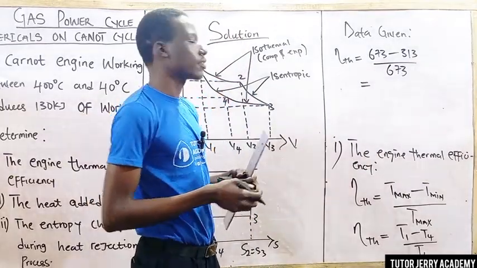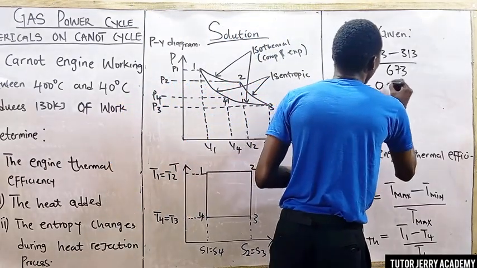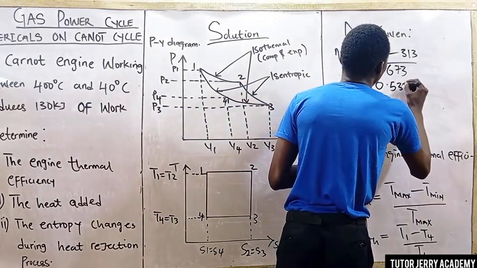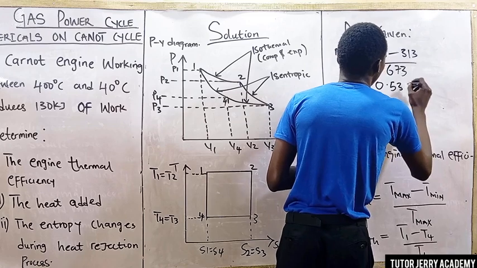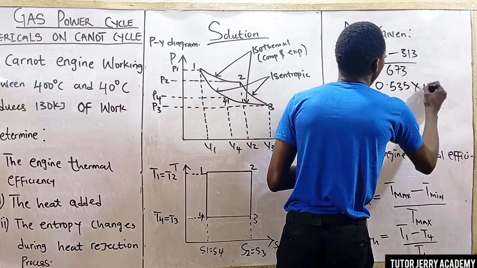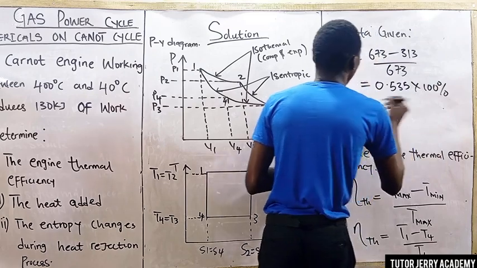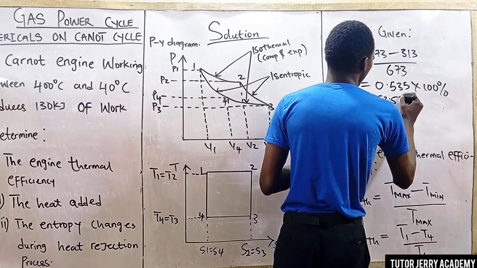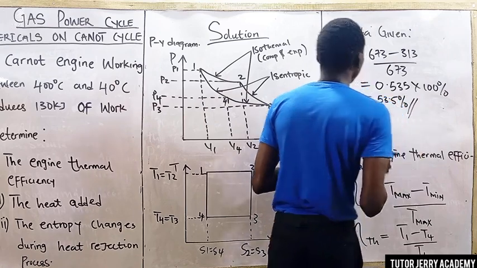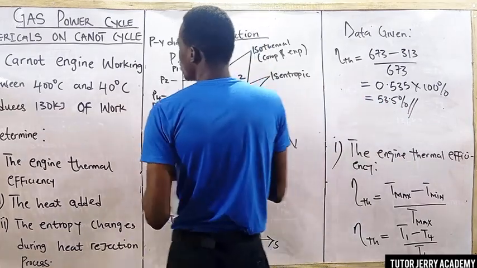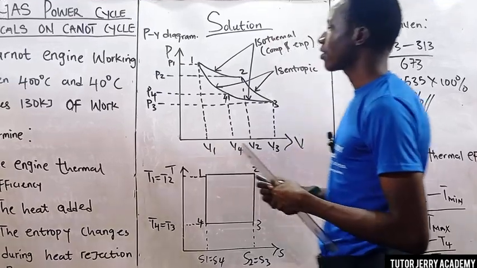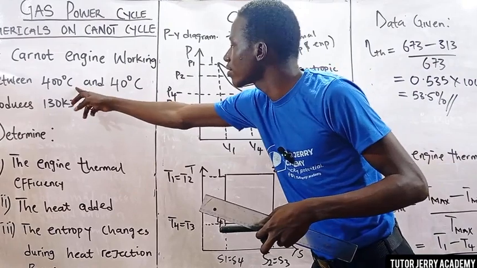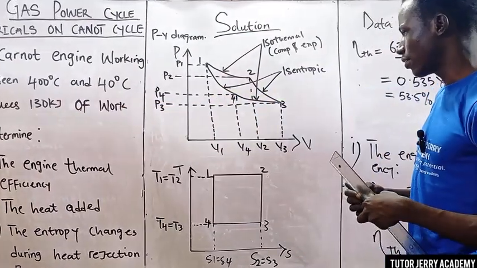You have an efficiency of 0.535, which we will multiply by 100%. So our efficiency is equal to 53.5%. This is the thermal efficiency of this Carnot engine, working between 400 degrees Celsius and 40 degrees Celsius.